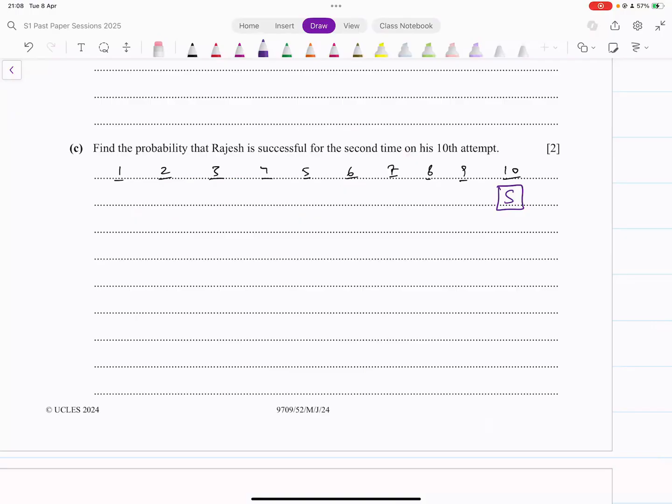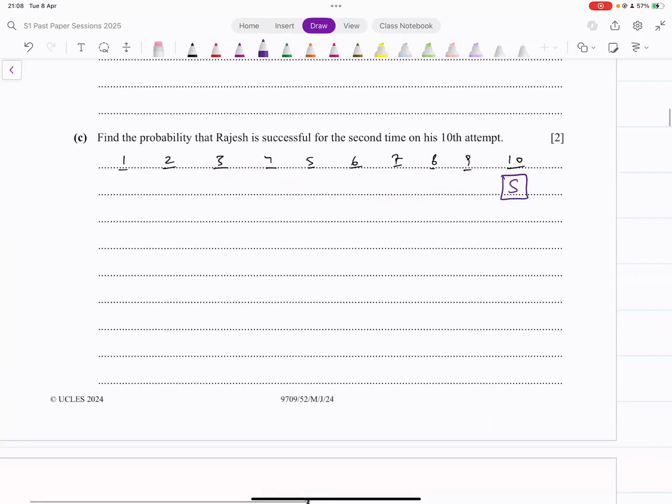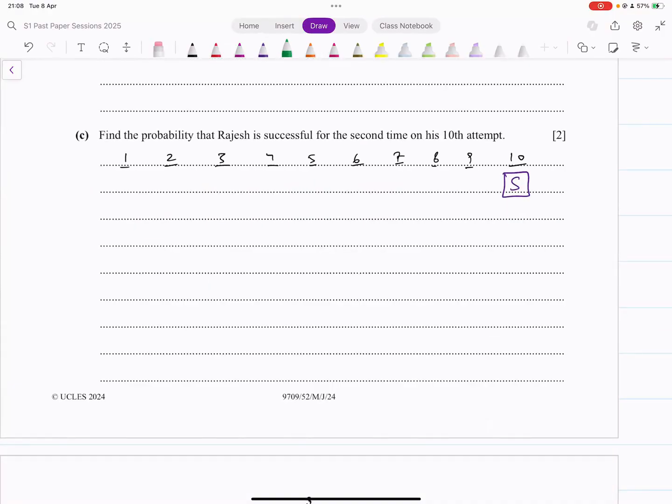So how do you find the probability of there being one success in the first 9 attempts? Now, this is something that we can classify as a binomial distribution. That in the first 9 attempts, we have one success. So we consider 1 to 9 as a binomial distribution.